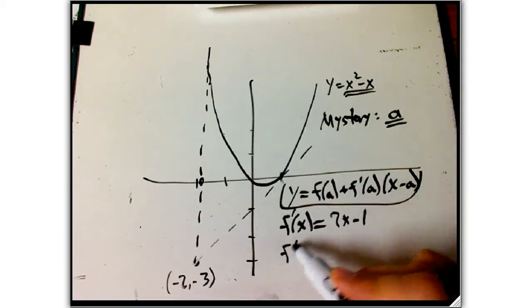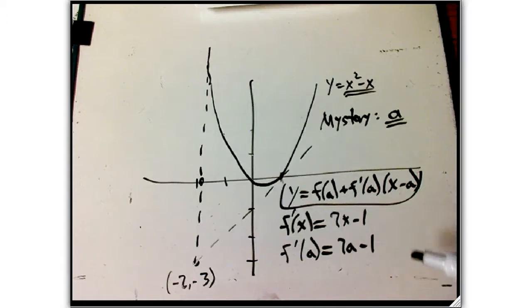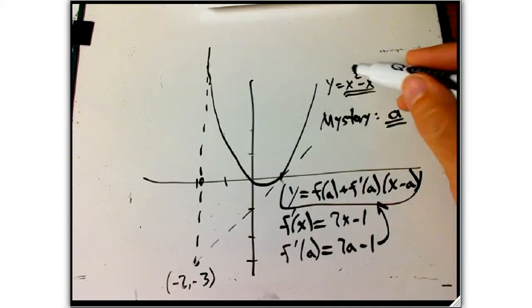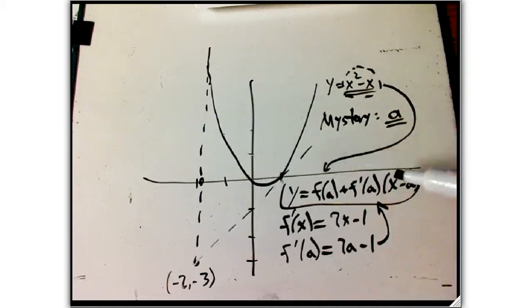So f prime at our mystery special point A is just going to be 2a minus 1. That can be plugged into here. And f of a we can get by just plugging a into here. We're going to get an explicit formula in terms of a's and x's.